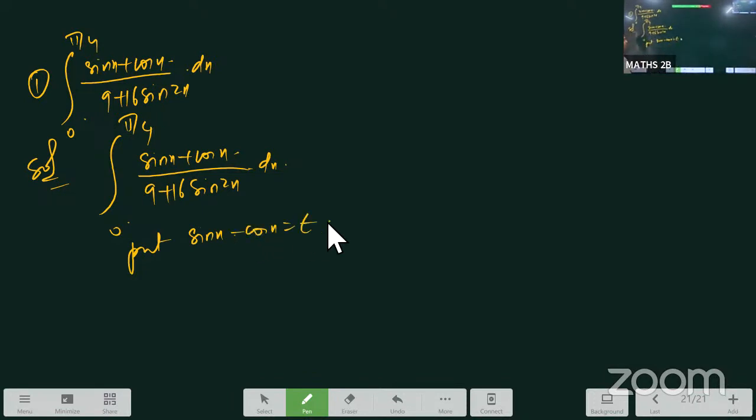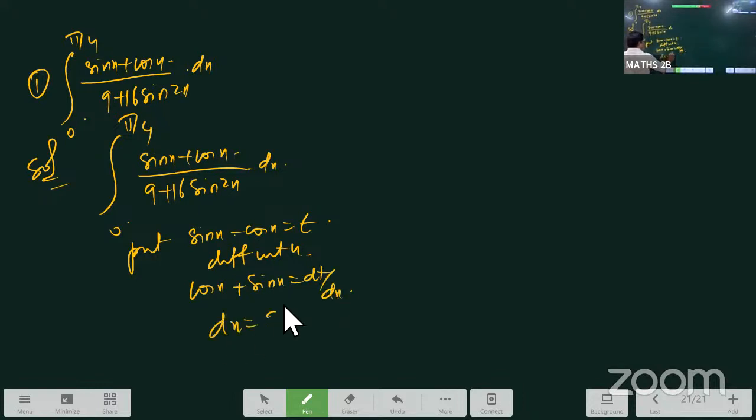This is a very important substitution. Is it clear? Now differentiate with respect to x. The derivative of sin x is cos x, and of cos x is minus sin x, so cos x plus sin x equals dt by dx. Then dx is nothing but dt by cos x plus sin x.